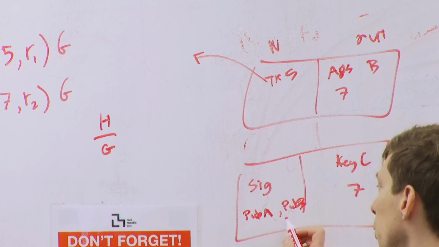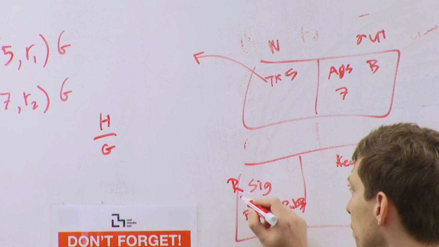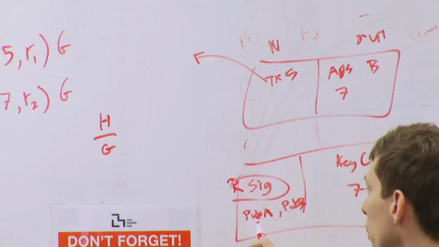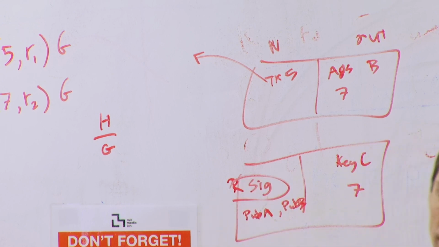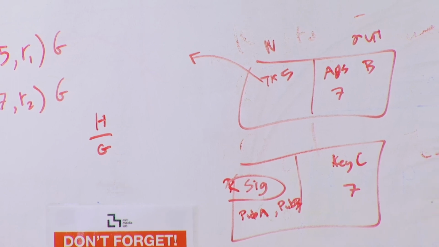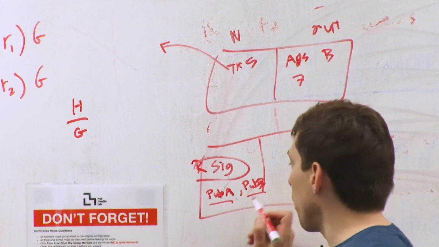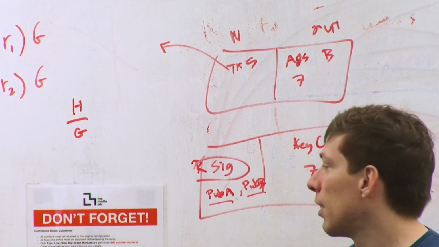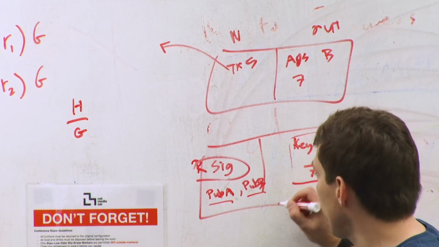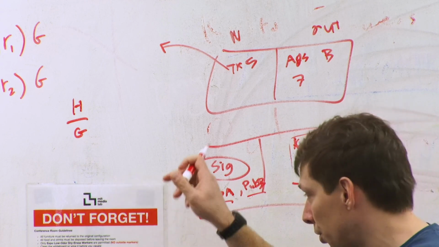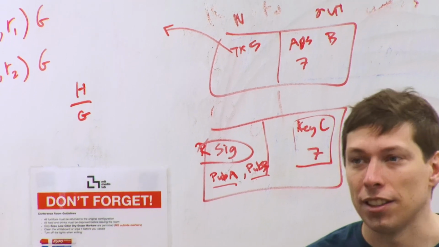I'm going to provide a ring signature from either pub key A or pub key B. I'm not going to tell you which, but you can see that both have received 7 coins in the past. I want to send 7 coins over here. I'm going to prove that I own one of those two, and then you can validate that the transaction's valid.